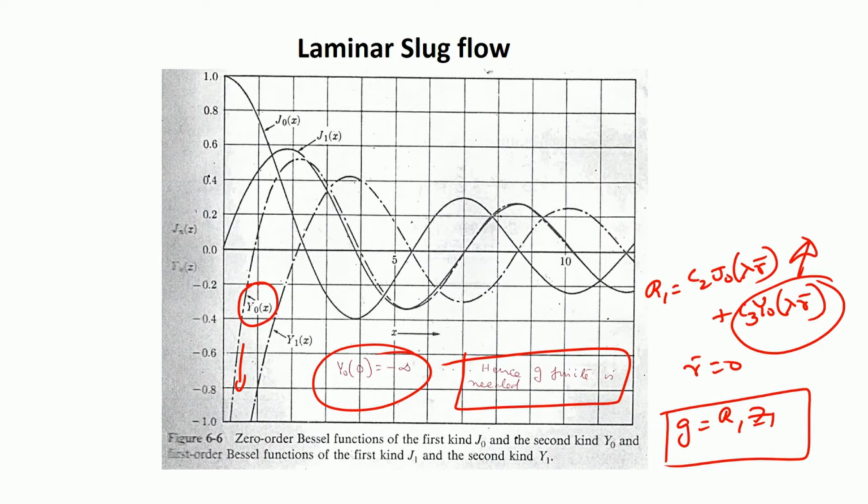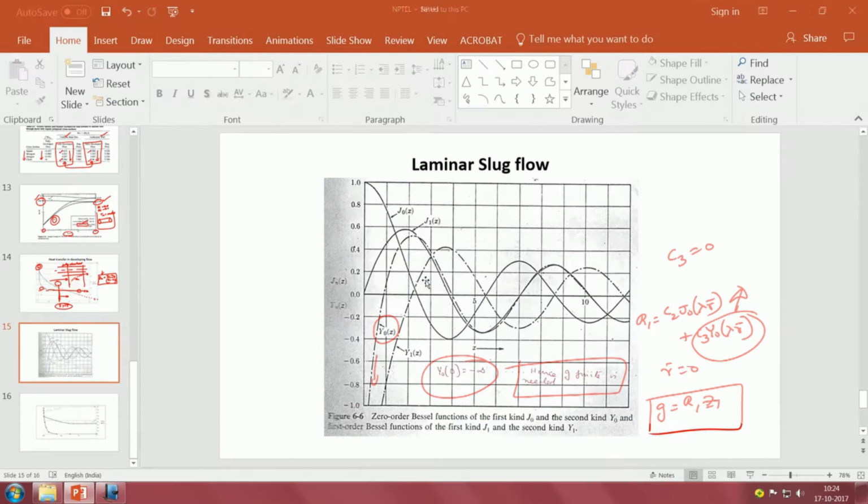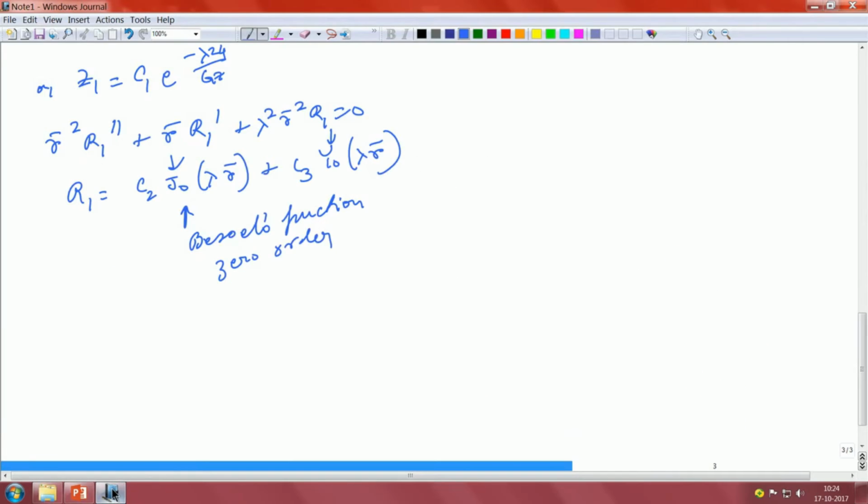So, C3 has to be equal to 0, because otherwise this entire term will blow up at r bar equal to 0. That is the logic that we will apply over here, and C3 therefore should be equal to 0, correct. Okay, so moving on, going back to our journal.